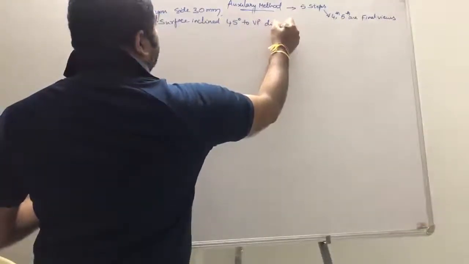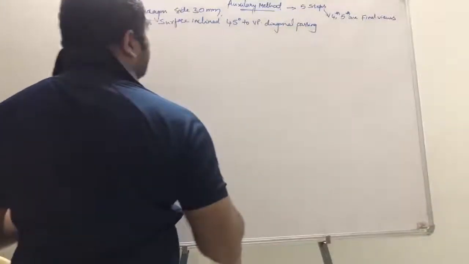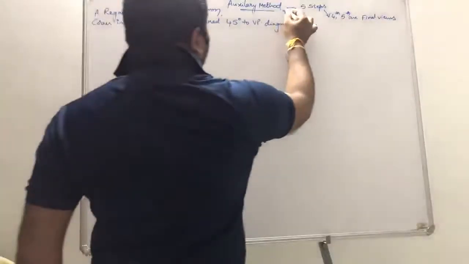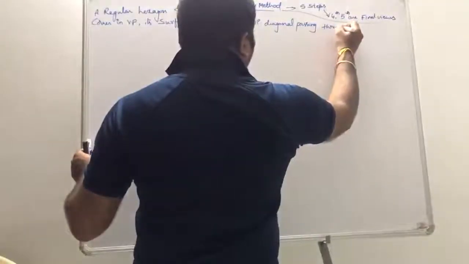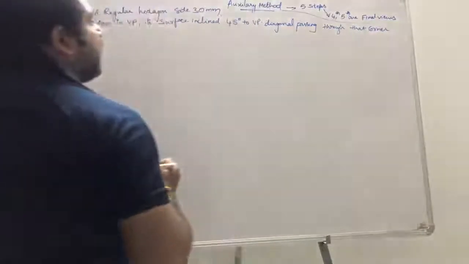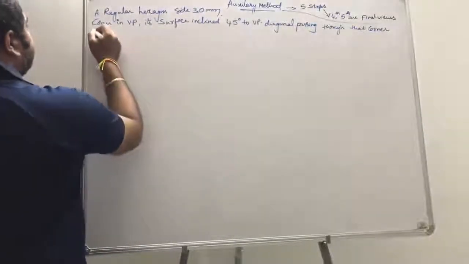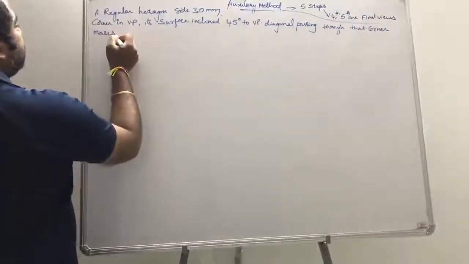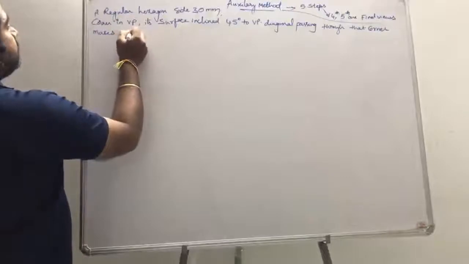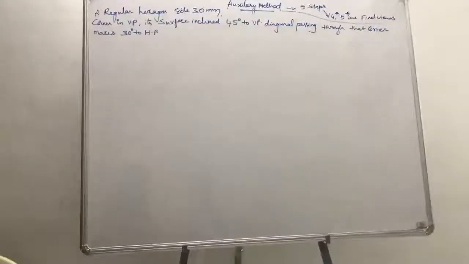The diagonal passing through that corner makes 30 degrees to HP. Draw its projections using the auxiliary method. That was the problem.